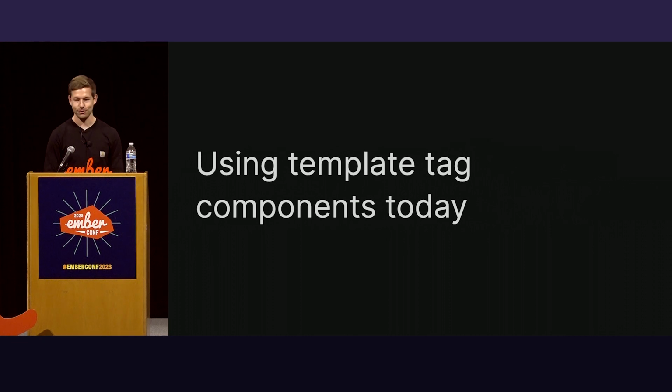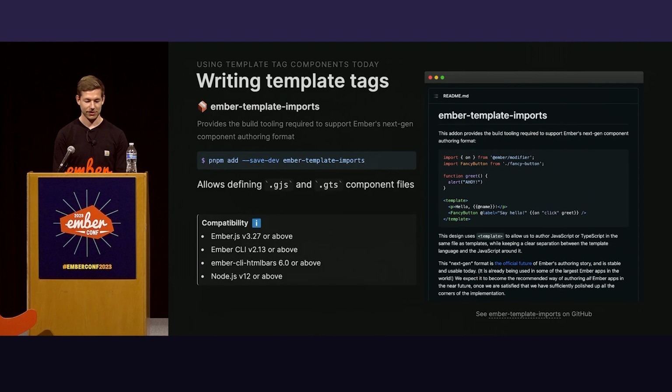So that brings us to the topic of how you can actually use this today. So yes, you can actually already use it today, but what does it look like in code? The first thing you can look at is the Ember template imports add-on, which adds the build tooling to your application to convert these new file formats into standard JavaScript, basically.